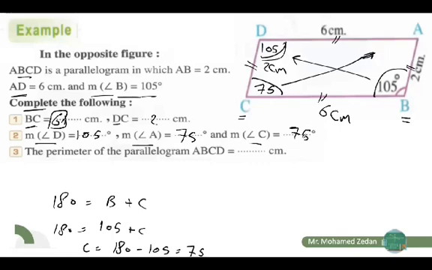Question number 3 says find the perimeter of the parallelogram. As we know, if he asks me about any perimeter, I'll make it easy to find. In the opposite figure, or any polygon, I'll add all sides of the polygon.